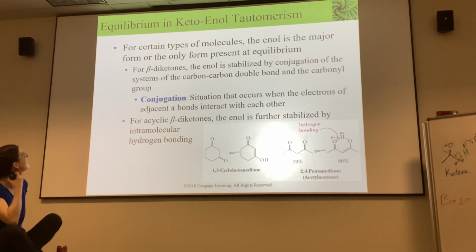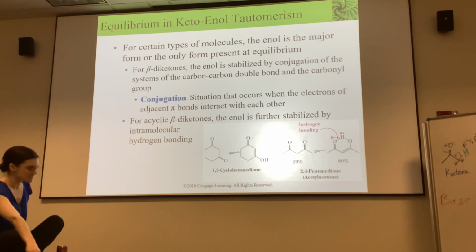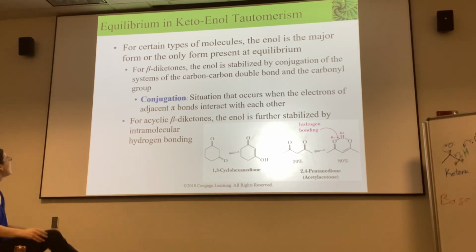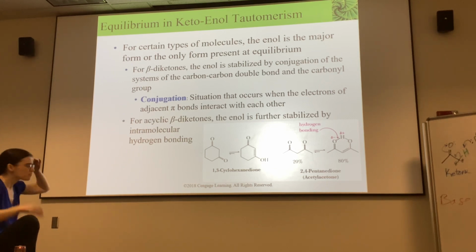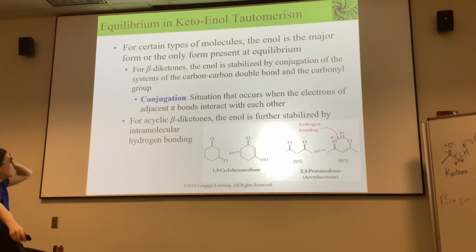And I love how they're defining conjugation for us as if we haven't done a ton of conjugation already. So, for some molecules, the enol is the major form, or the only form present at equilibrium. For both of these forms, these alpha hydrogens are alpha to 2 different carbonyls, right?